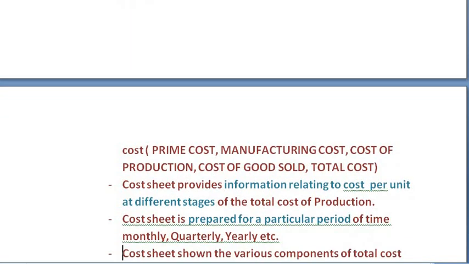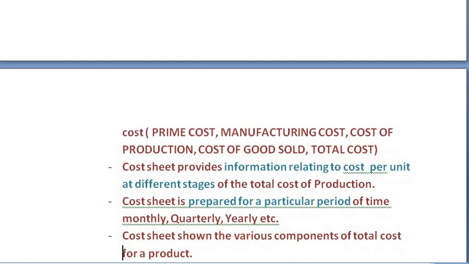This cost sheet also provides the total cost for the product as well as the per unit cost for the particular product. Then this cost sheet is prepared for a specific period. It may be daily, hourly, monthly, yearly or quarterly, based on the convenience of the organization.